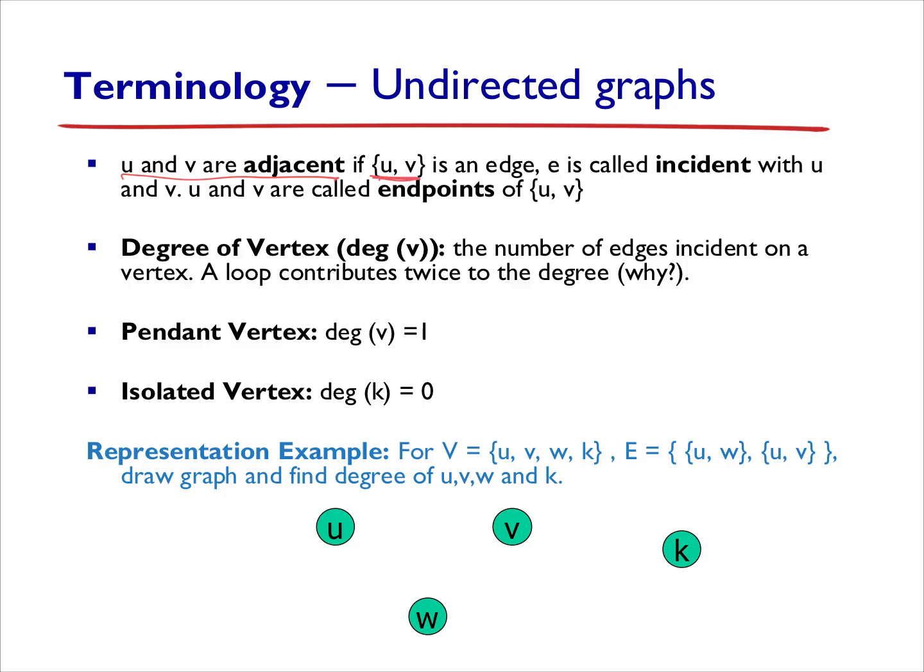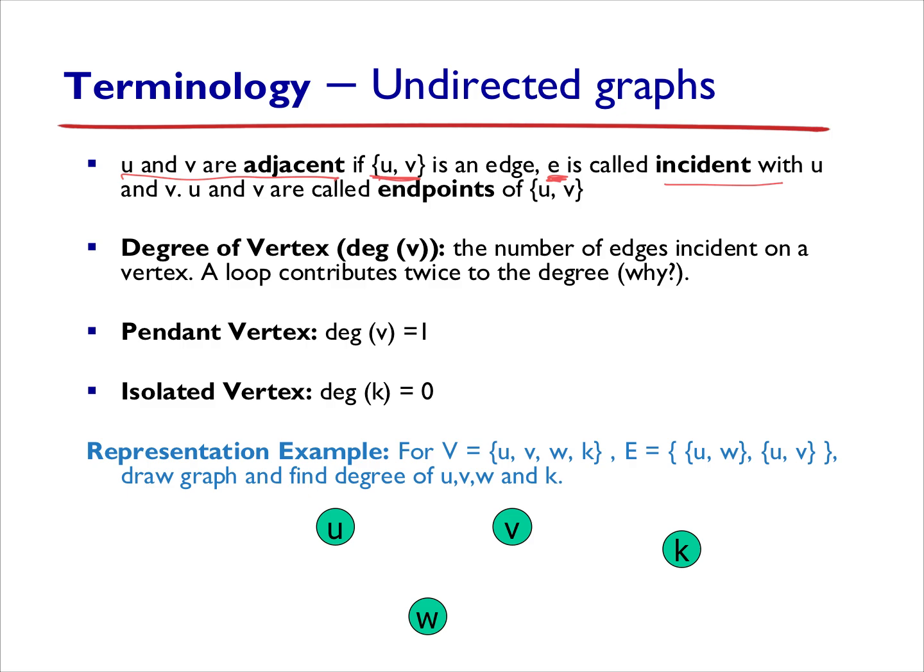And also, if we want to relate the edge to the vertices, we say that the edge E is incident on the two vertices U and V. This immediately means that this edge is actually connecting U and V. So that's another terminology, the incidence of an edge on vertices.